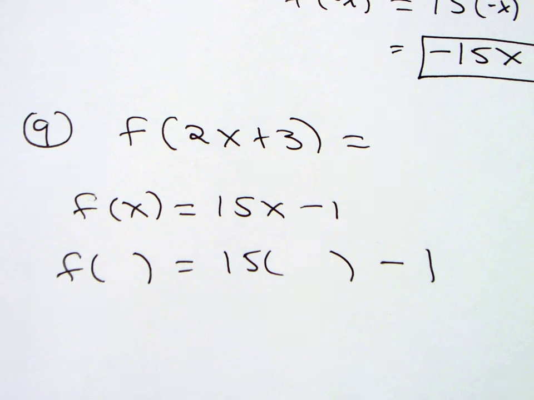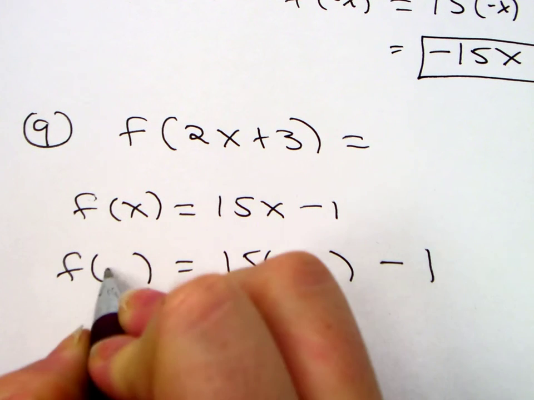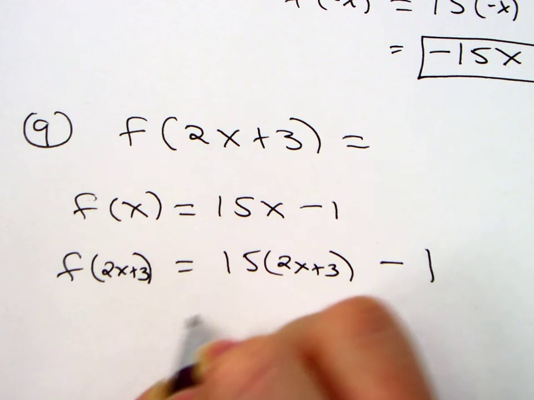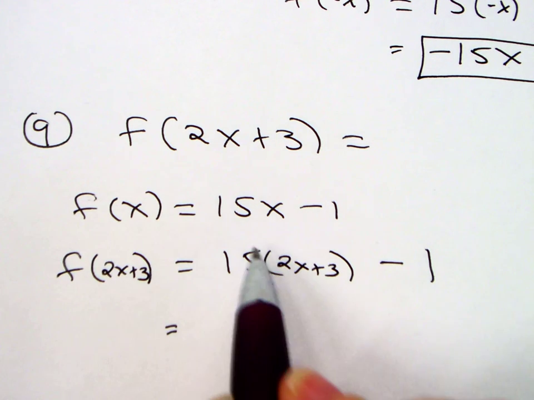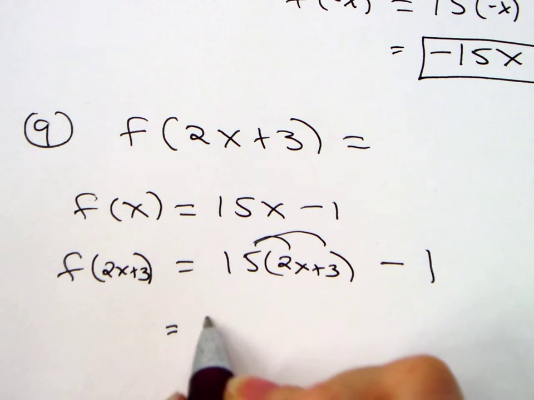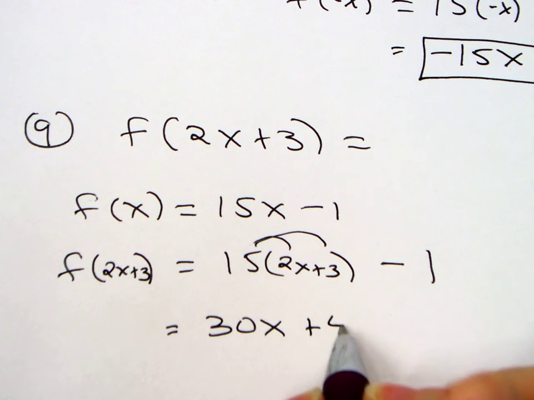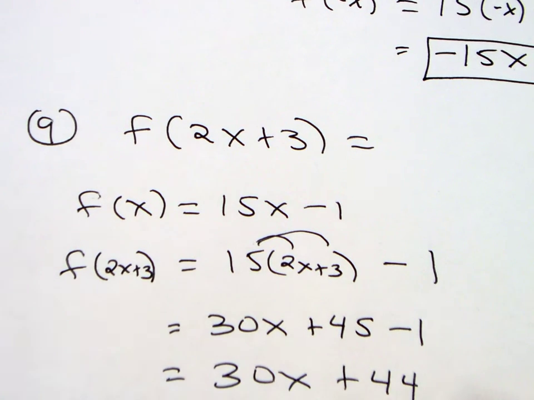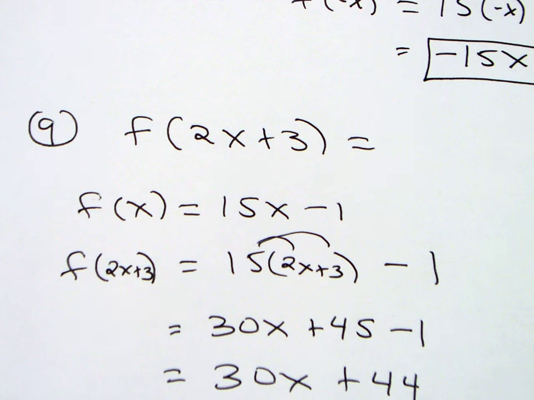Now, what am I putting in the parentheses? 2x plus 3. 2x plus 3. What are you able to do? Distribute. 30x plus 45 minus 1. 30x plus 44. Not too tough, huh?